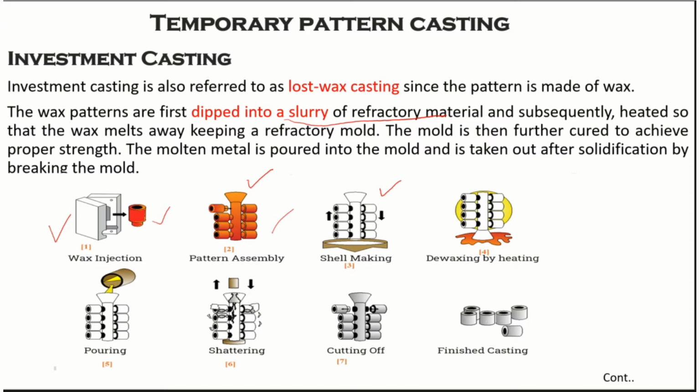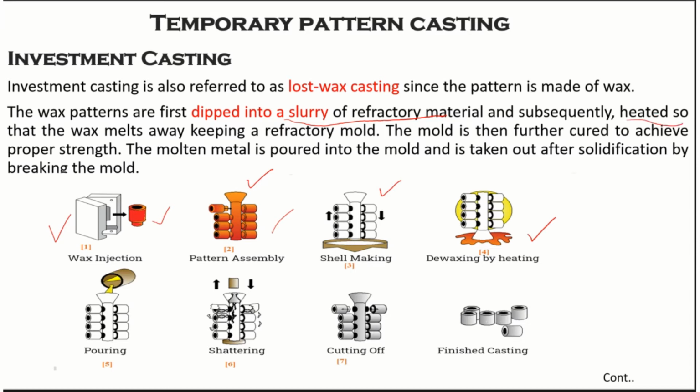The refractory material will adhere to the wax patterns, so that the sufficient desired shape will be attained with respect to the pattern. Once the mold is prepared, the next step is to remove the wax. The removal of the wax will be done by heating the complete mold.